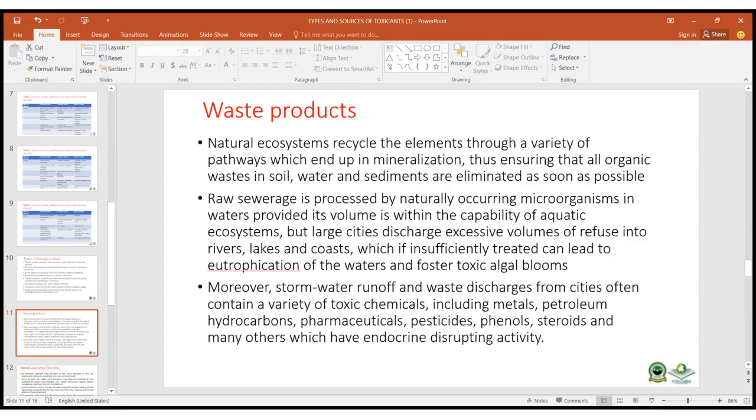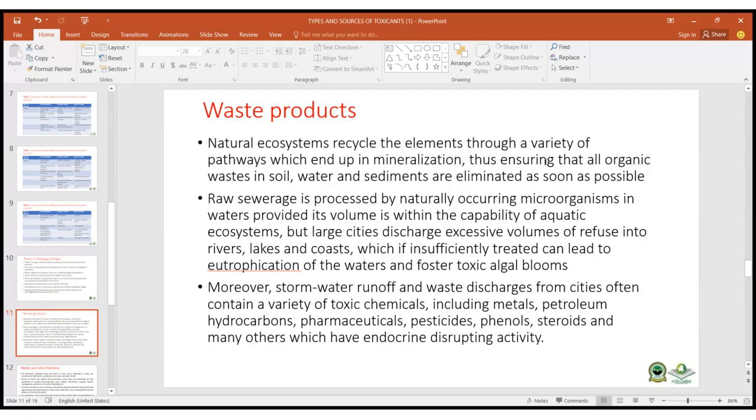Now, mineralization has to do with the total breakdown of complex compounds into simpler ones. And when this mineralization takes place, organic waste in soil, water, and sediments is eliminated as soon as possible.